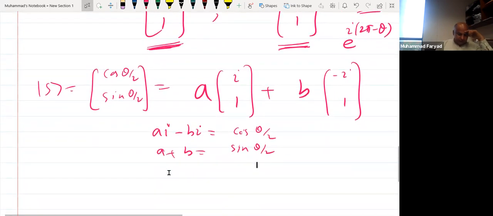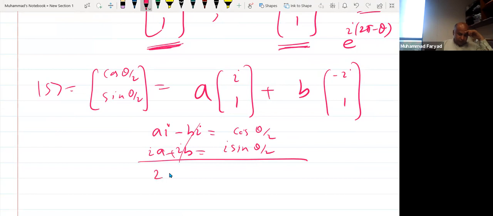Which means that if I multiply with iota here, here, and here, and add them, these cancel out. So I'm left with 2A iota equal to cos theta by 2 plus iota sine theta by 2, which is exponential iota theta by 2.